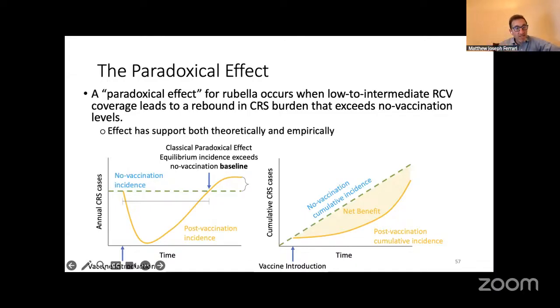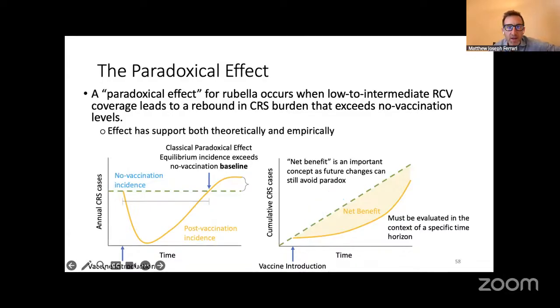And so that implies that there's in fact time to benefit from the transient reduction in the short term, as well as improving vaccination programs between now and 10 years from now to avoid that downstream increase and paradoxical effect.